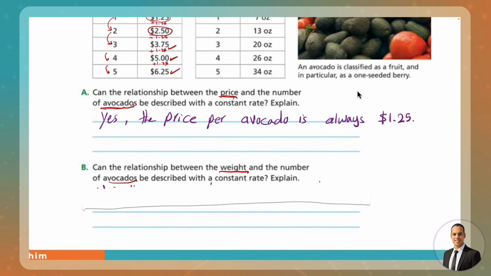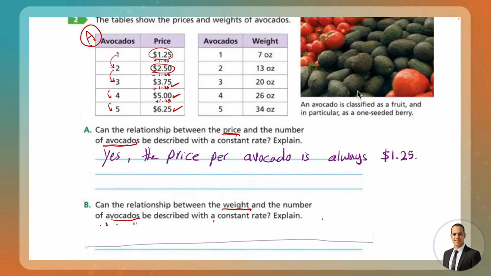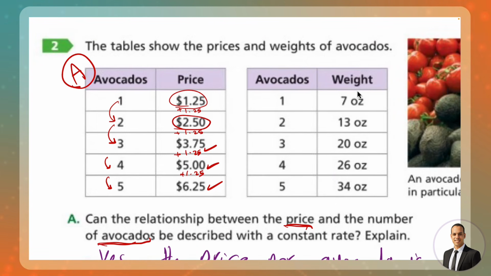Okay, question B, it says, can the relationship between the weight and the number of avocados be described with a constant rate? So let's look at the other table. So it seems like question B is for this table. So here, the one avocado weighs 7 ounces. So 2 should weigh 7 plus 7, which is supposed to be 14, not 13.